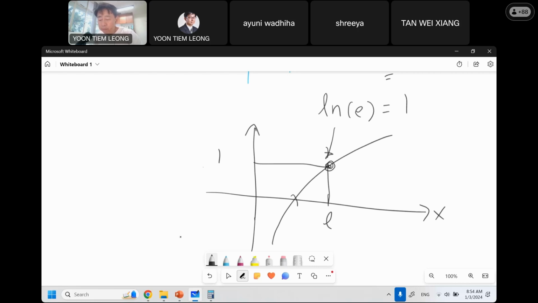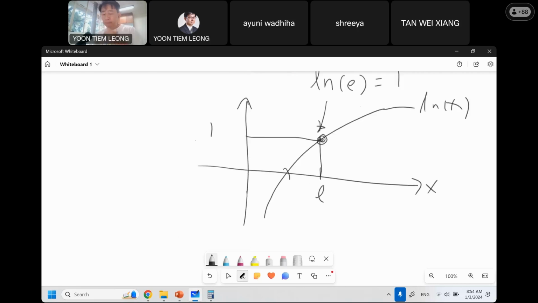You have to remember two things up to this point. You have to make sure that you are familiar with the shape of the natural log, and you have to be familiar with the fact that the value of the natural log at x equals 1 is 0, and when x is equal to e, the value of the natural log is equal to 1.